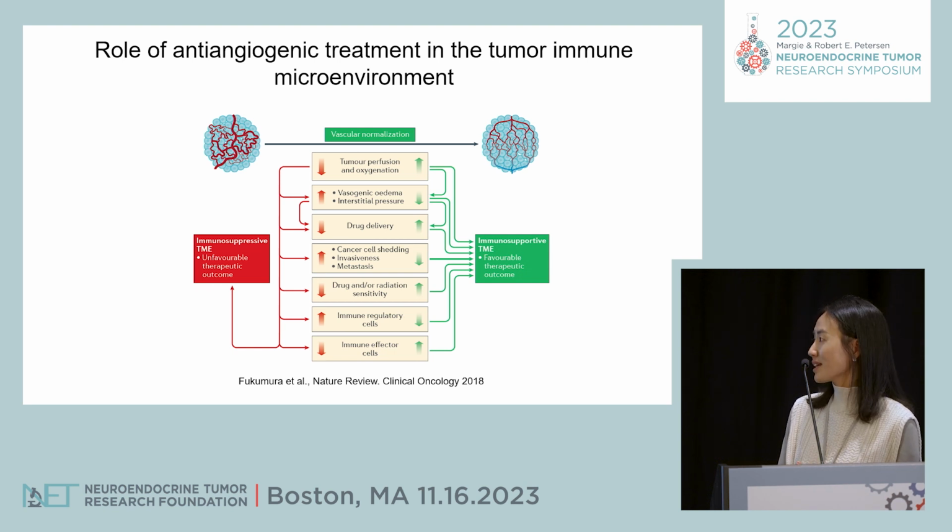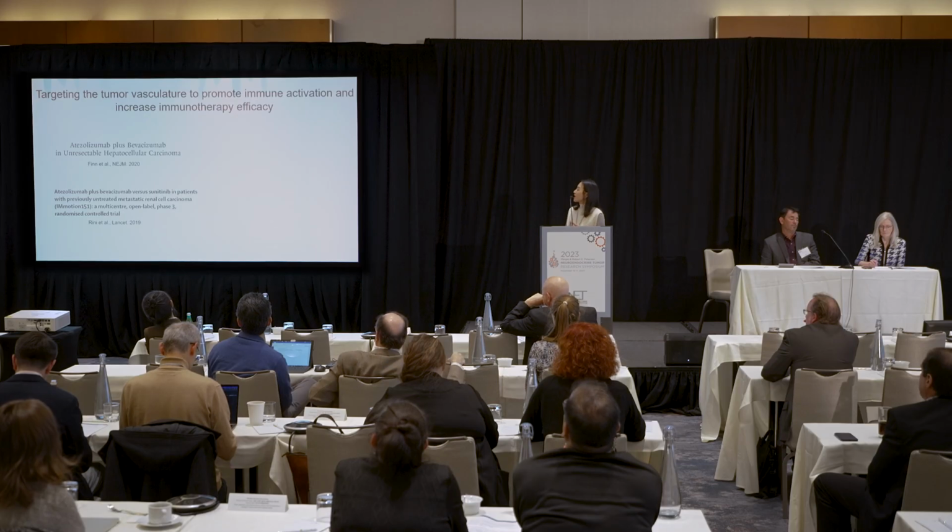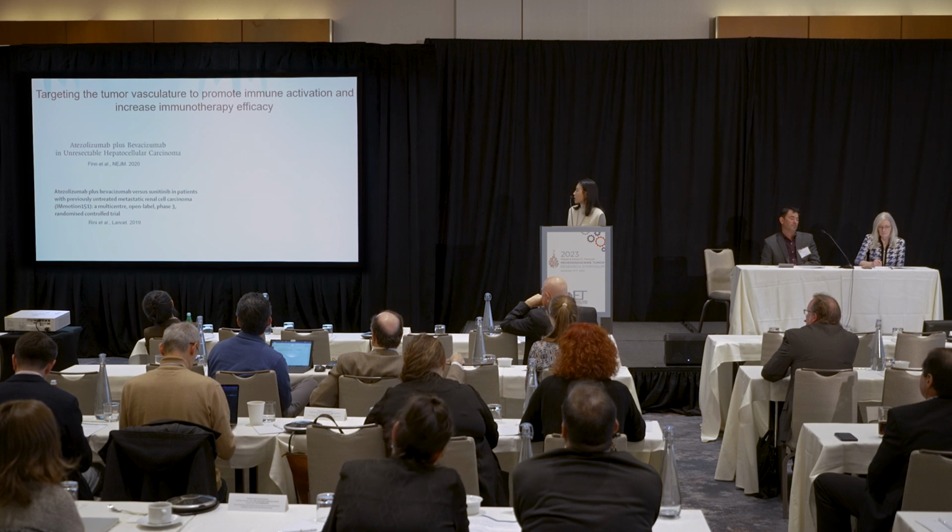But not only this, anti-angiogenic treatment can reprogram the immunosuppressive tumor microenvironment. So recent clinical trials consistently, for some types of tumor like hepatocellular carcinoma and RCC, have demonstrated a beneficial efficacy when checkpoint inhibitor was combined with anti-angiogenics, especially bevacizumab, anti-VEGF.